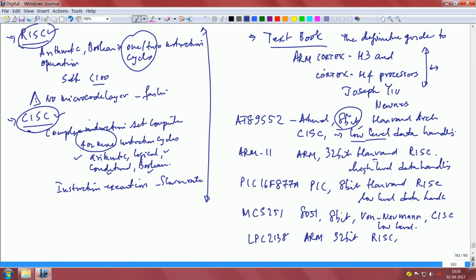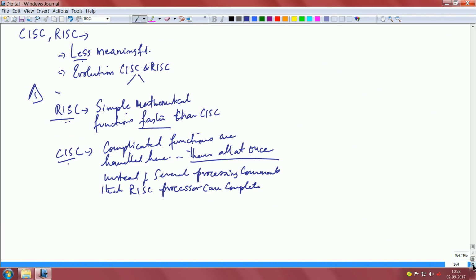Even if it is doing it in 1-2 instruction cycles, you may not want to choose a RISC processor, okay. So it is not so easy, right. So this is another nice thing about the RISC processors, okay.